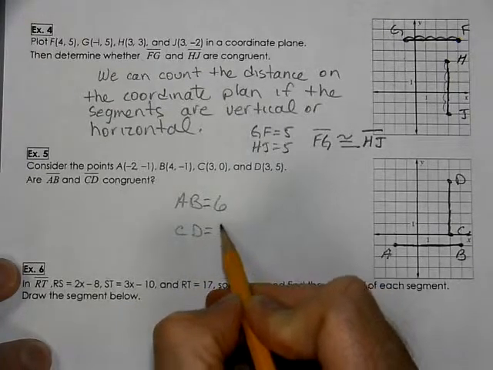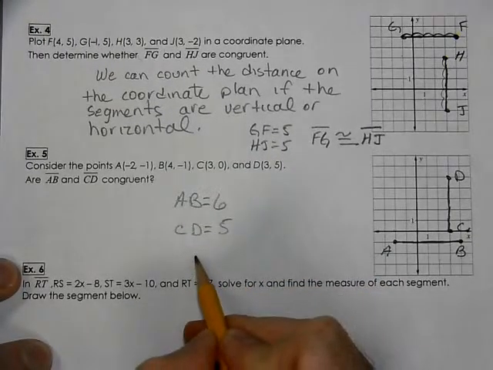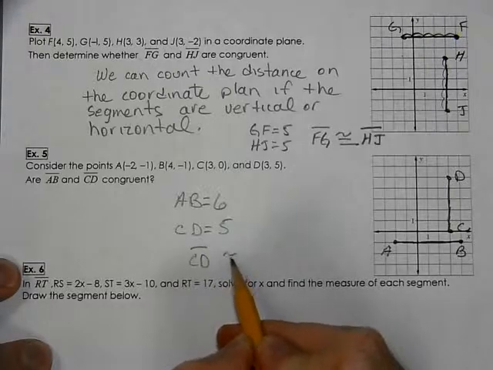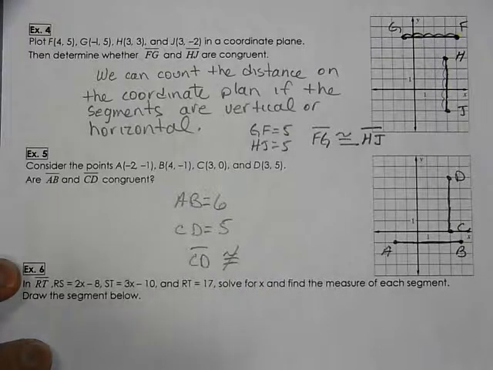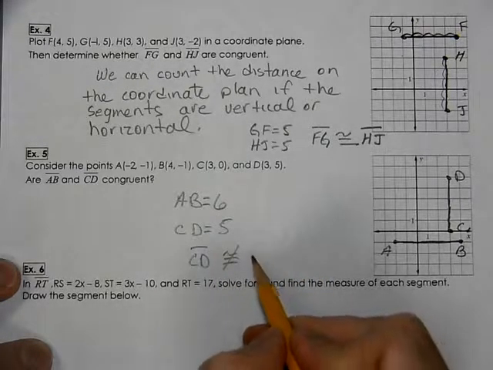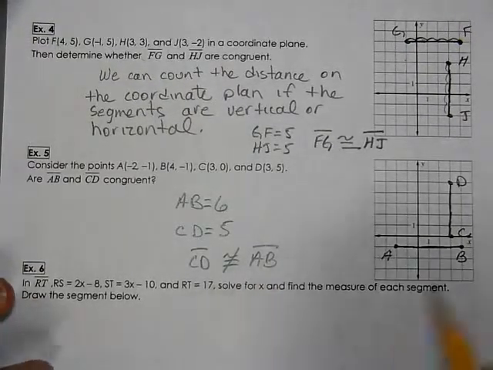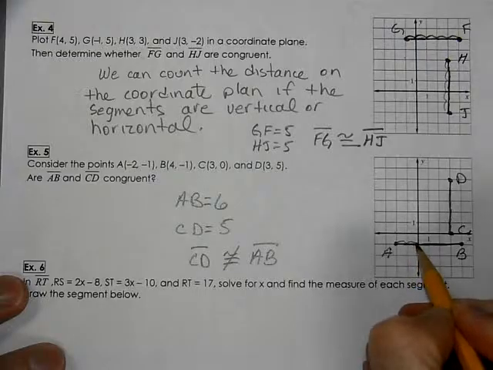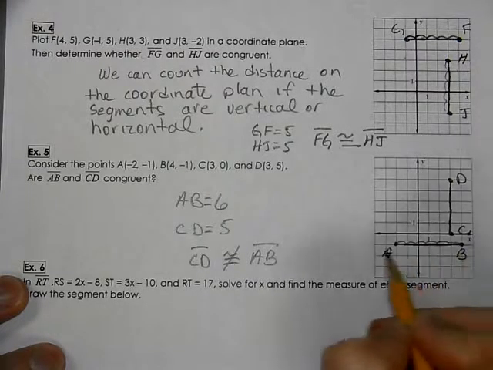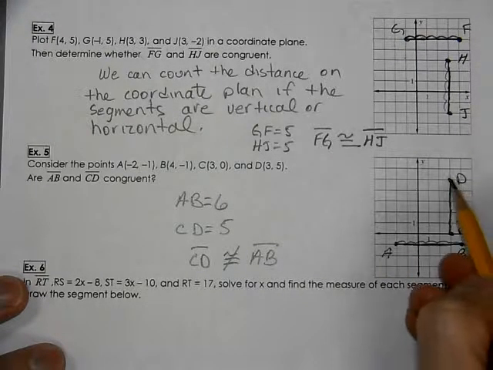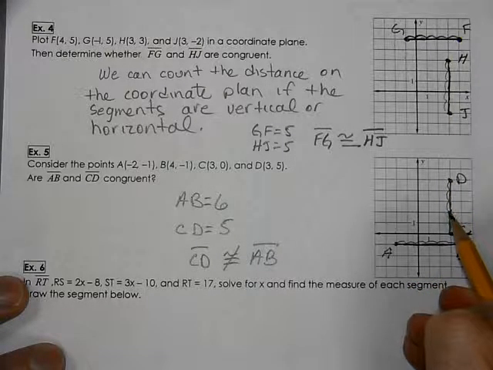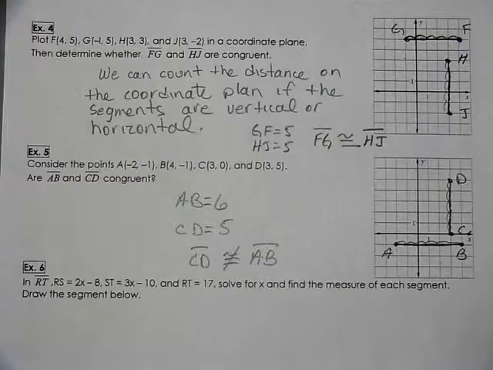CD is the length of 5. So now we know that CD is not congruent to AB because they're not the same length. 1, 2, 3, 4, 5, 6. AB is 6 units. CD is 5. They're not the same.